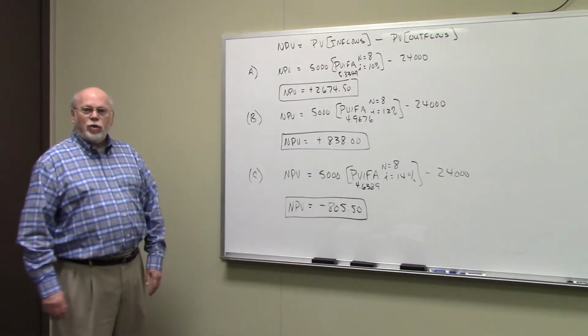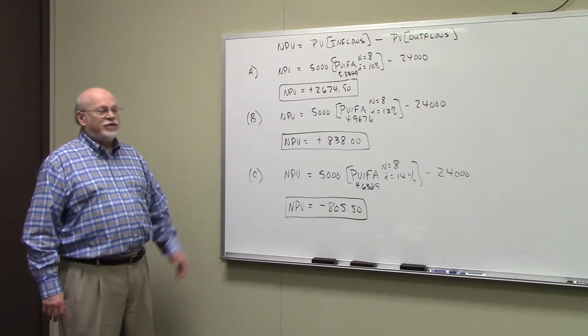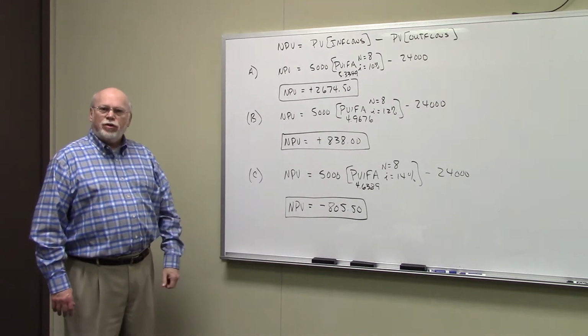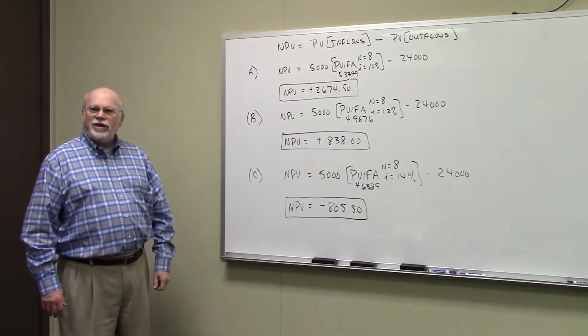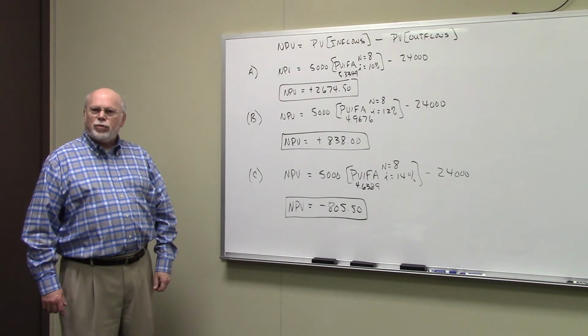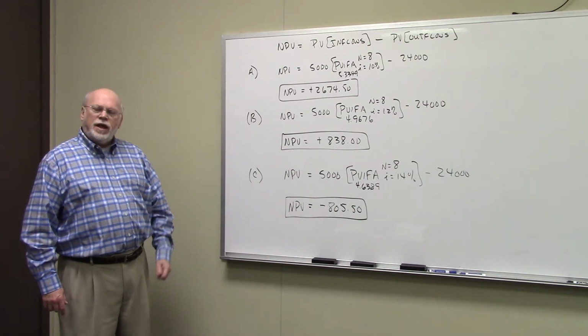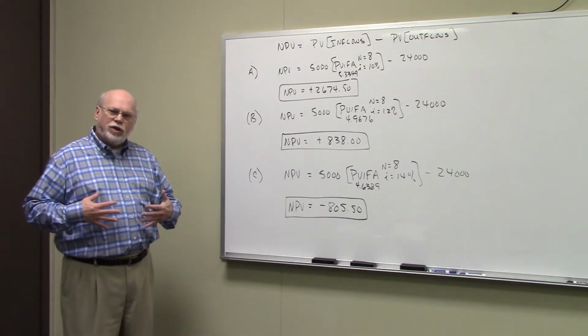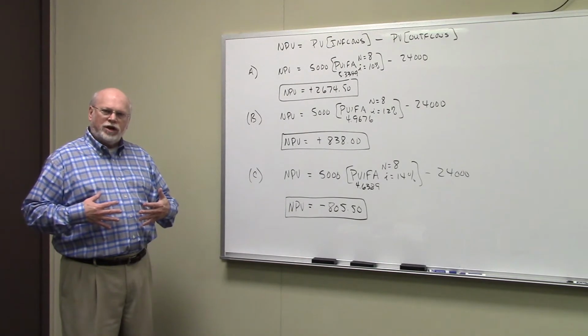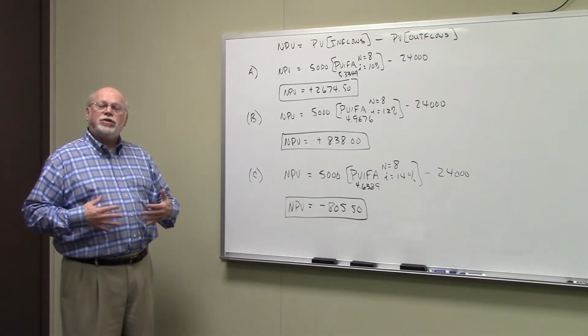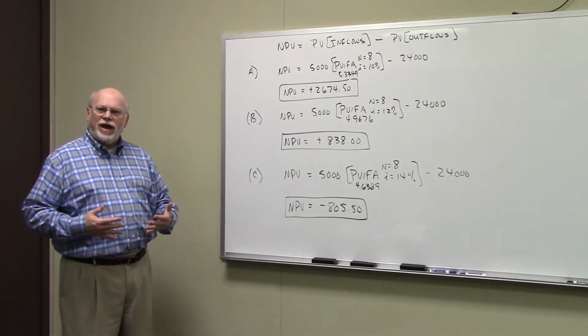Now, in this particular problem, they want us to calculate net present value. Net present value, you'll recall, is the present value of the inflows minus the present value of the outflows. The inflows are the cash inflows you expect to get with the project. The outflows are the initial investment you have to make.